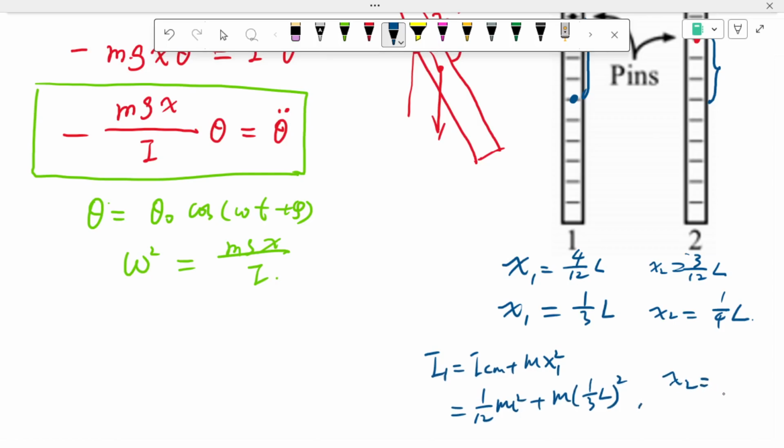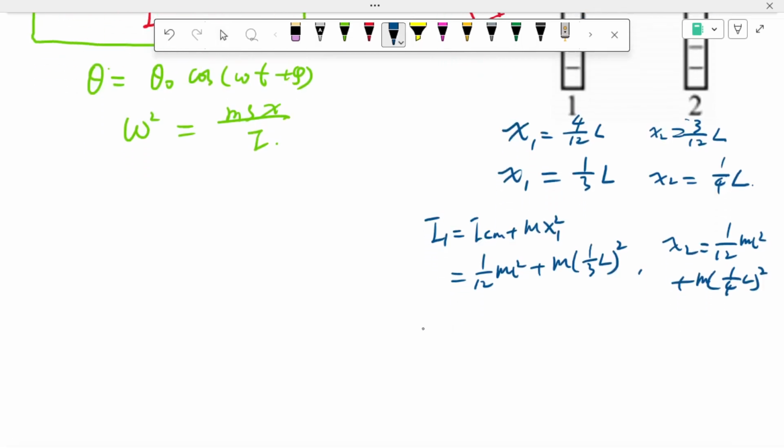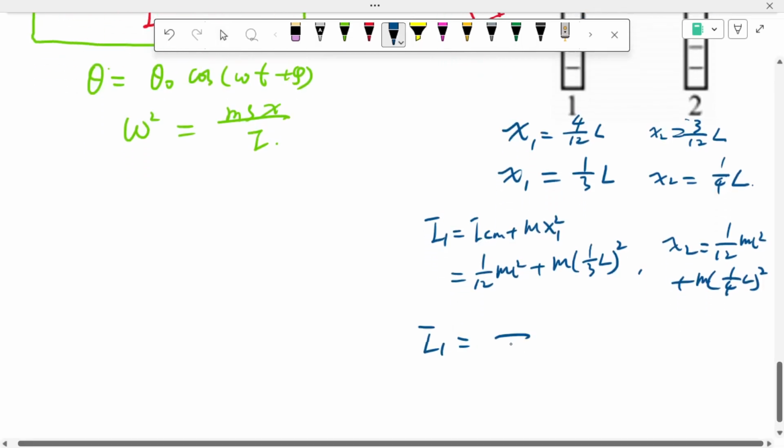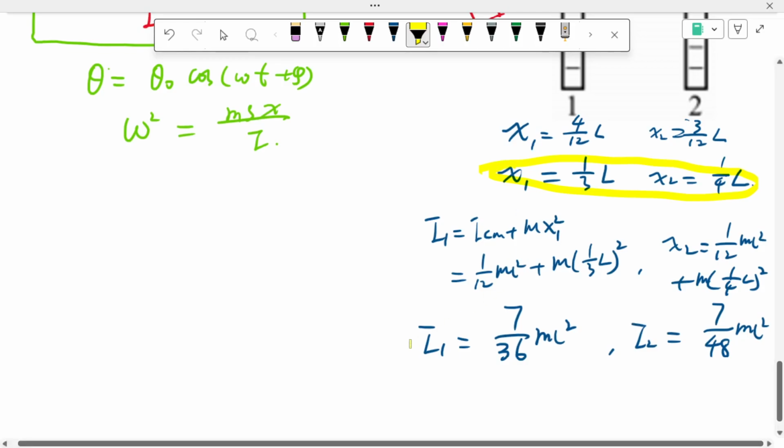I2 equals 1 over 12 ml squared plus m times 1 over 4 L squared. So here we have I1 equals 7 over 36 ml squared, but for I2, we have 7 over 48 ml squared. And we put these two into here.